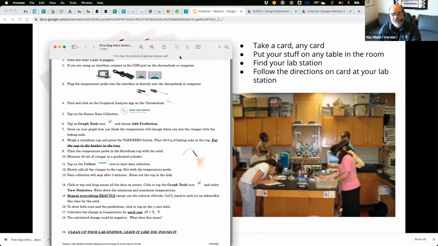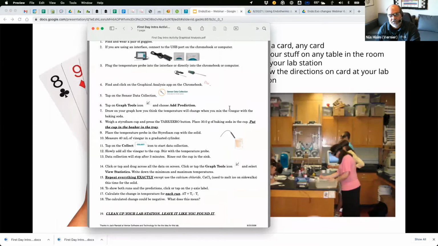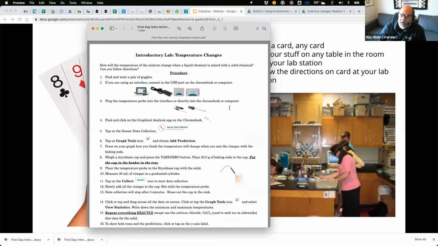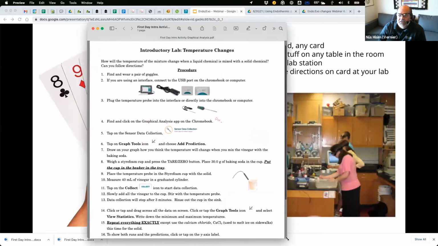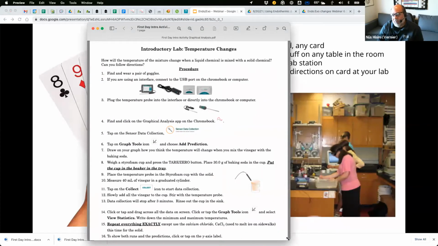This file is in that shared folder, so you're more than welcome to take it. I have a PDF in there, and also a Word file and a Google Doc, because I don't know what kind of equipment you guys might have. So I wrote a generic version that covers everything, and you should change this and make it match whatever you have.